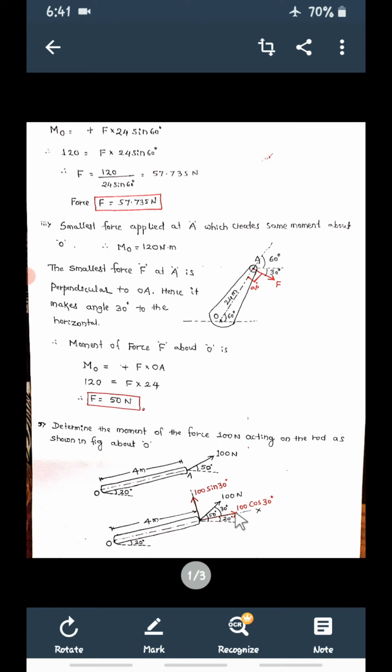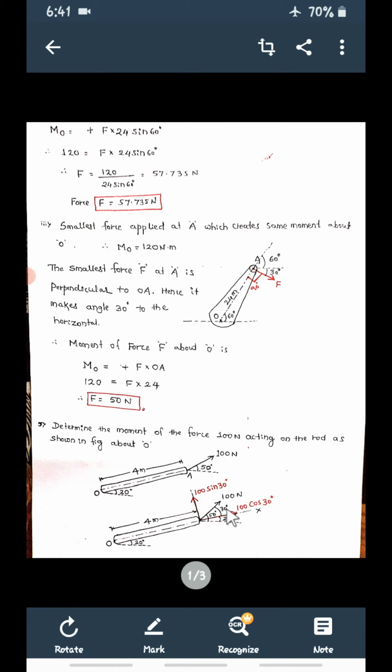Resolving this force vertically, this is 100 sin 30. Now instead of this inclined 100 Newton force, I can take two forces acting at point A: one is 100 cos 30 and the other is 100 sin 30.